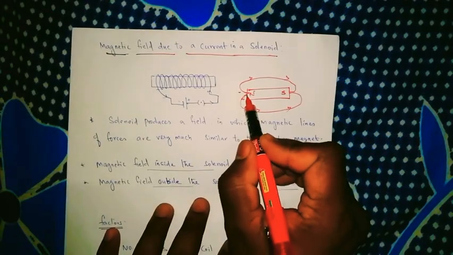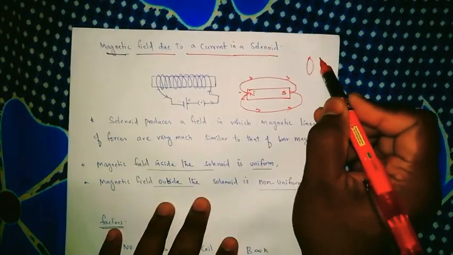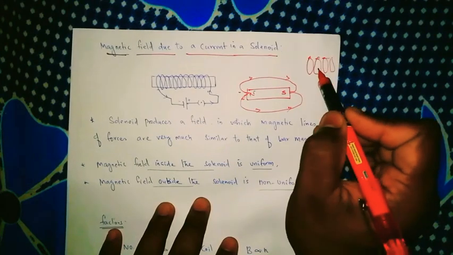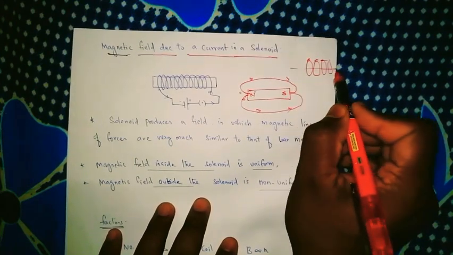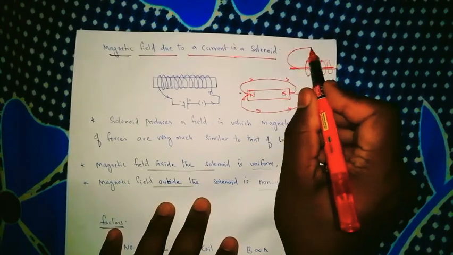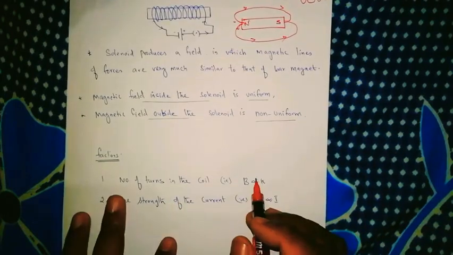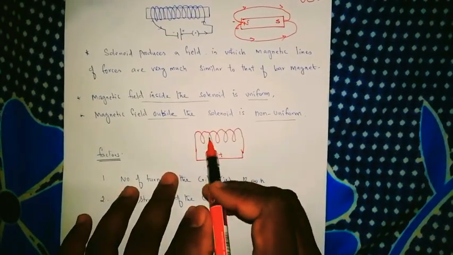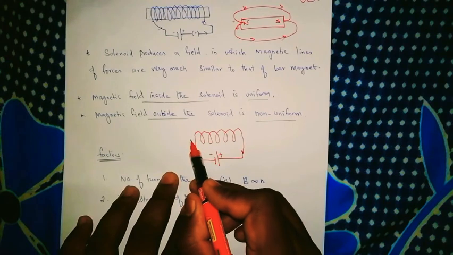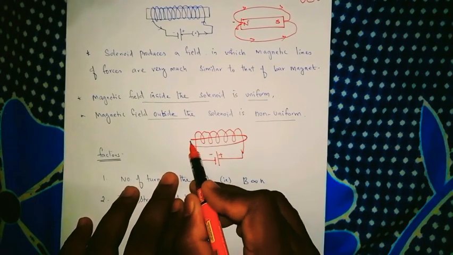But here, this is actually the coil, right? It looks like many coils. It looks round. So inside, magnetic lines will be produced, and also outside the magnetic lines are produced. How is it producing? For example, it looks like this solenoid, and you can see the magnetic lines are produced like this.